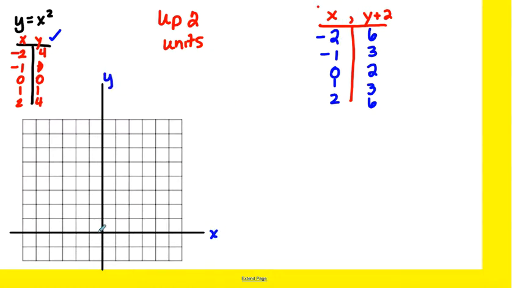So I have (-2, 6), (-1, 3), (0, 2), (1, 3), and (2, 6). And you're seeing the symmetry, both in the table and in the graph. When I graph that, my beautiful parabola, you can see that if this is my axis of symmetry, every point on the left has a corresponding point on the right. And that is just the parent graph shifted up 2 units.